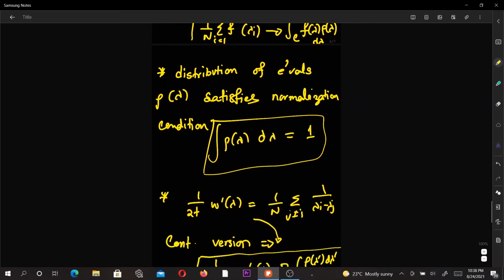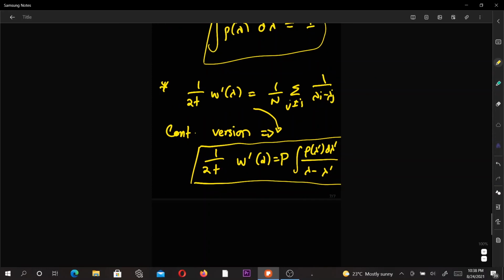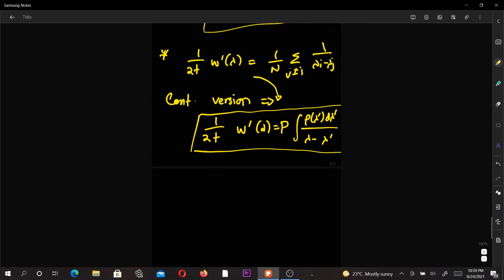So finding the density function is the ultimate goal of matrix models. If you can find the density functions, any quantity of interest can be found out by this. And this equation, which is an integral equation, helps us find the density function from the potential. So in the rest of the part, we'll discuss a few more things.